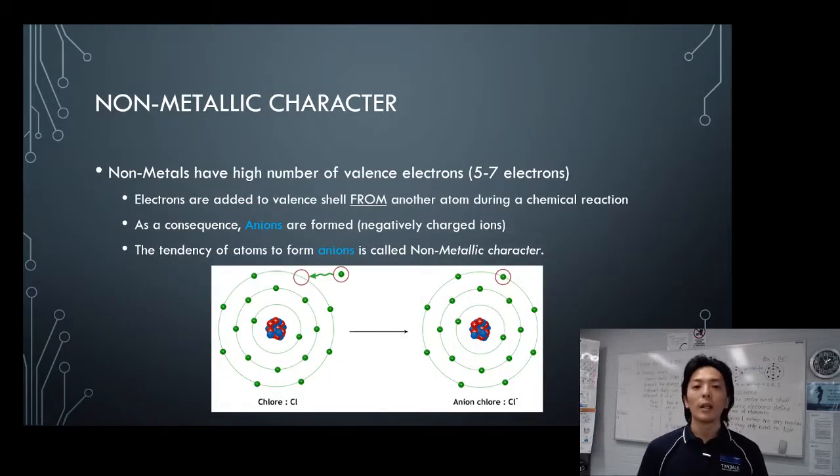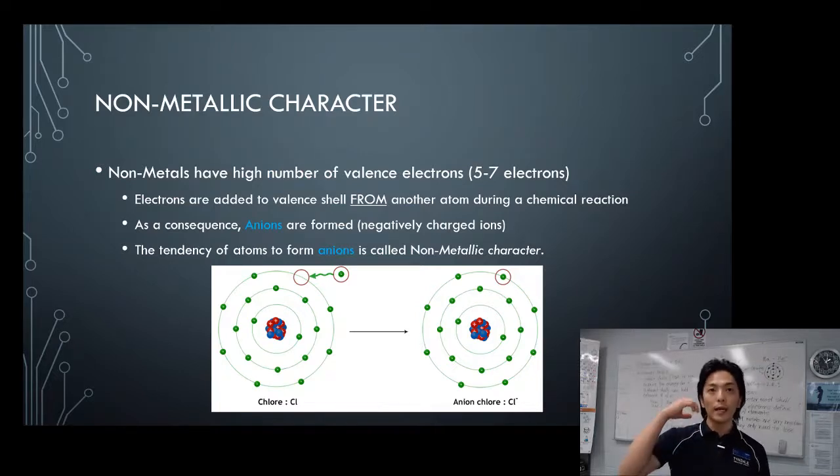Okay, let's look at non-metals. They have a high number of valence electrons, 5, 6, 7, which is close to the maximum number of electrons which a shell can hold. Electrons are added to a valence shell from another atom during a chemical reaction.